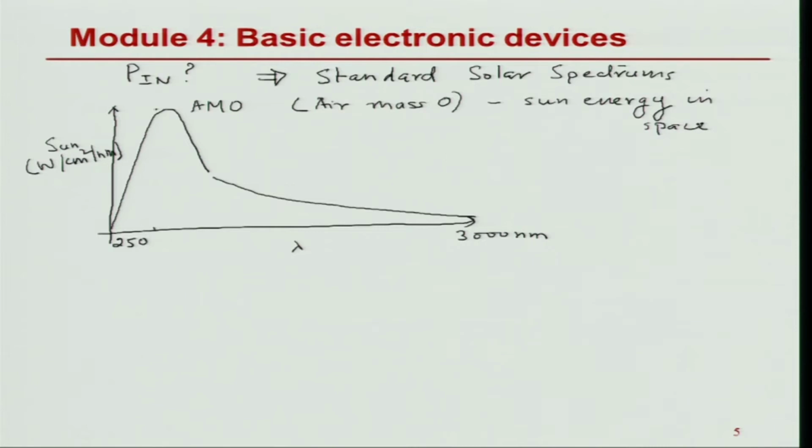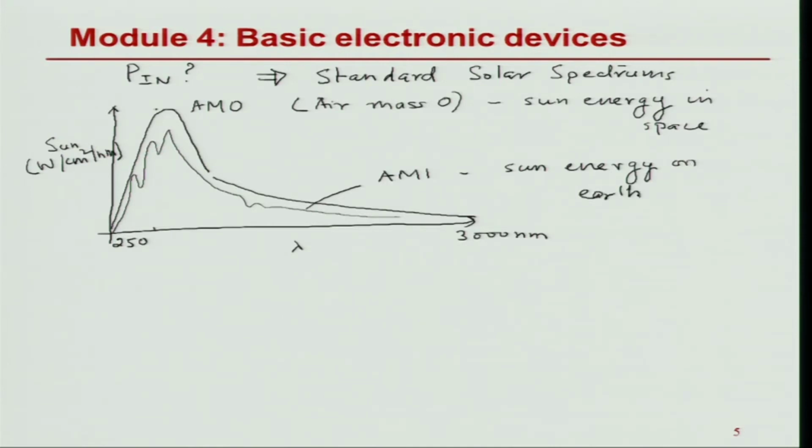Then as the sun travels through the atmosphere of the earth, its energy is going to be reduced, and it will end up showing some absorption coming from the atmosphere, and that is called air mass 1. This is sun energy on Earth's surface.